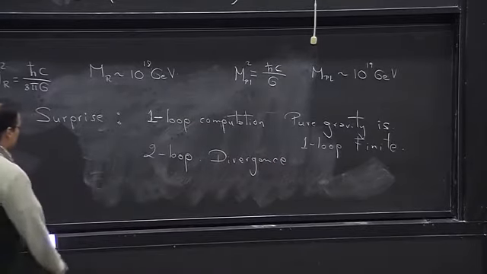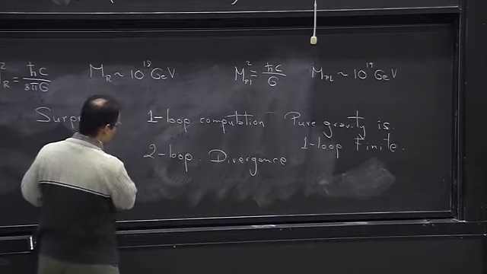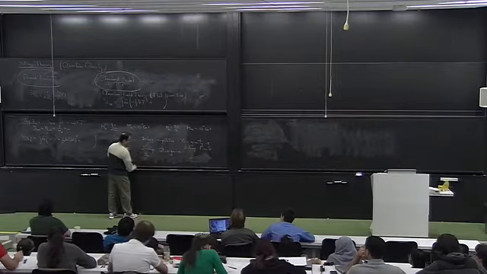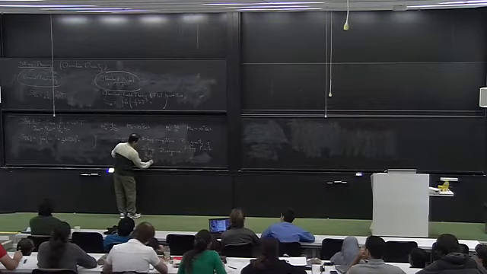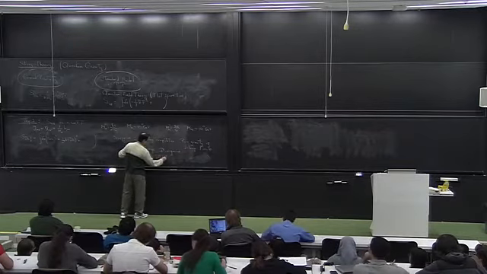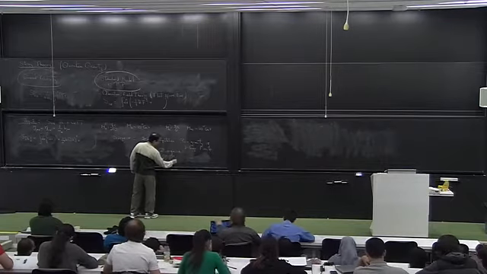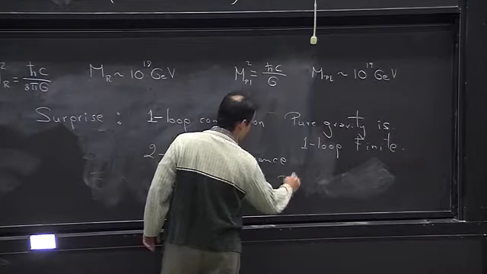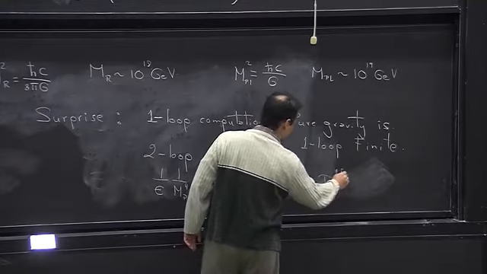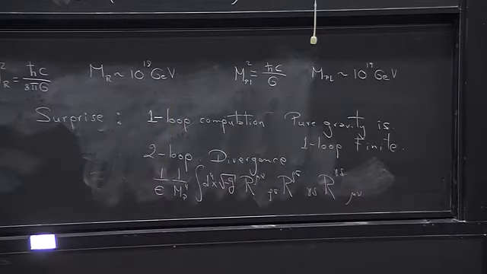They found a divergence, and they found that this divergence could be canceled if you add to the action something that looks like 1 over epsilon, 1 over m Planck to the 4th, the integral of d^4x square root of minus g, R_{mu nu rho sigma} R^{rho sigma gamma delta} R_{gamma delta}^{mu nu}.